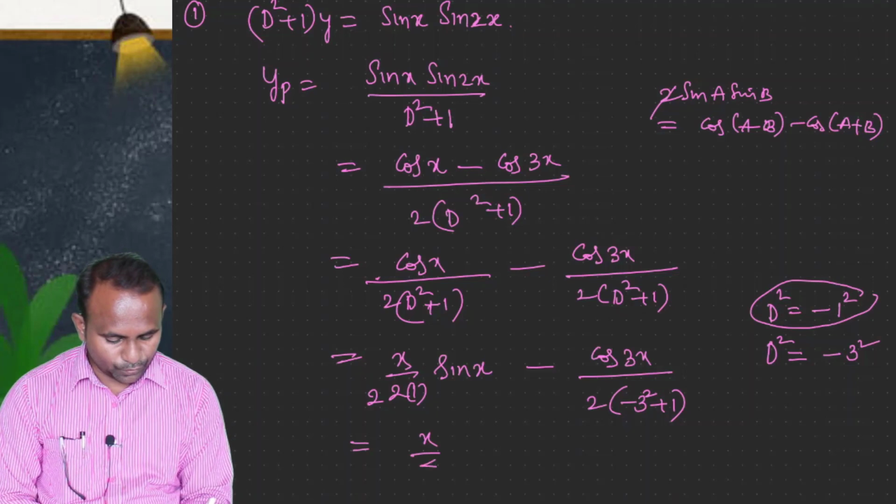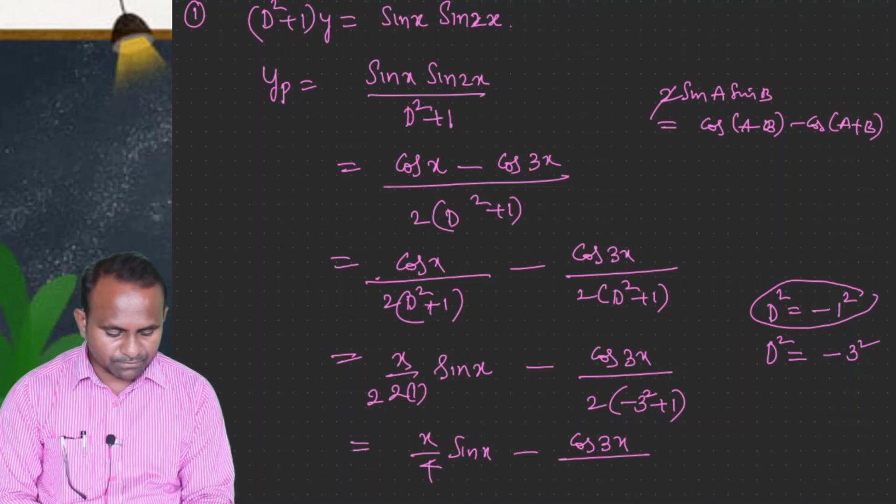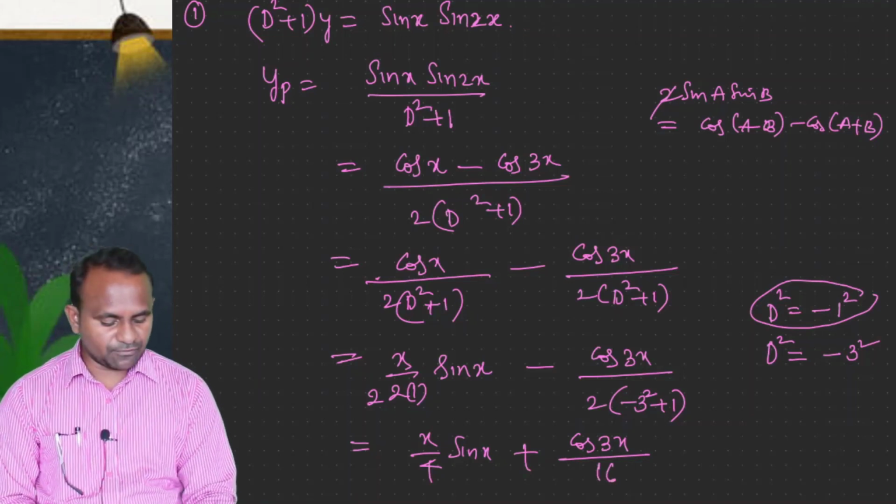This is x over 4 sin x minus cos 3x over, this is minus 9 plus 1, which is minus 8, 2 times minus 8 is minus 16, will be positive 16. This is how we find the particular integral.